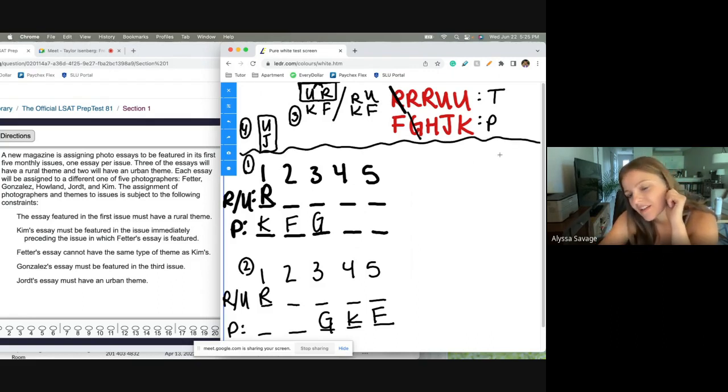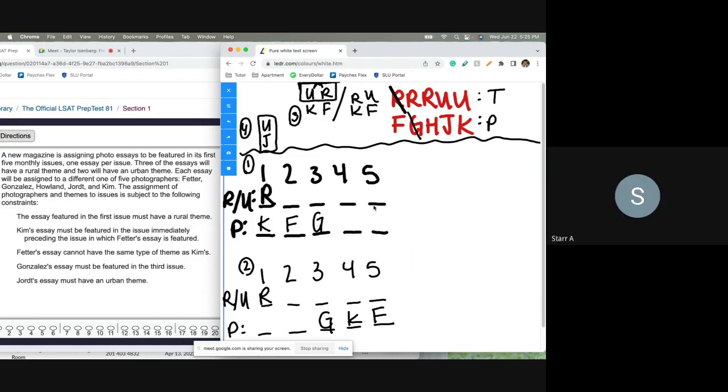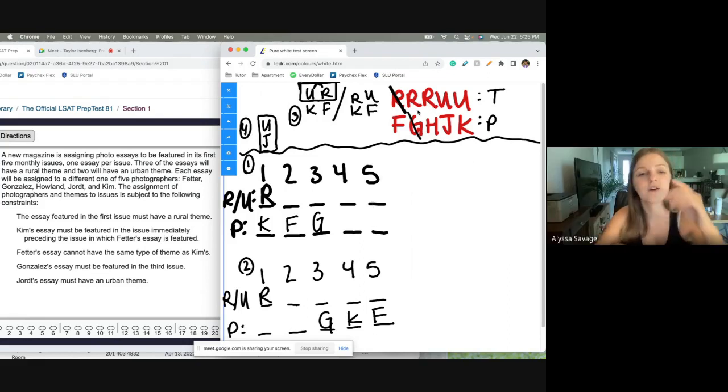Okay. But yeah, this is like rules, variables, diagram. Okay. So now that that's clarified, does J and U have to go in that fourth spot? No. Where else could it go? It can also go in 5. Yeah. So we have two possibilities, J going in 4 or J going in 5.